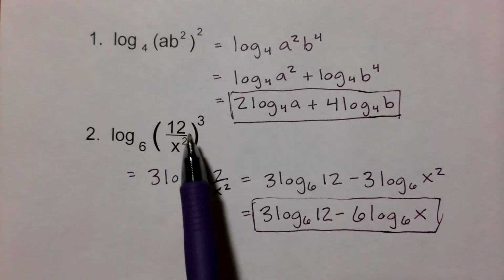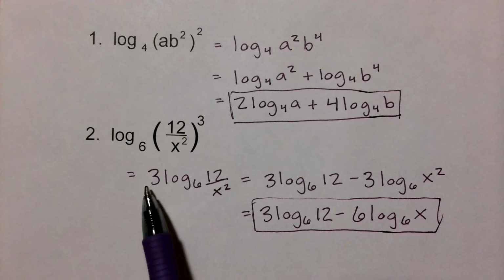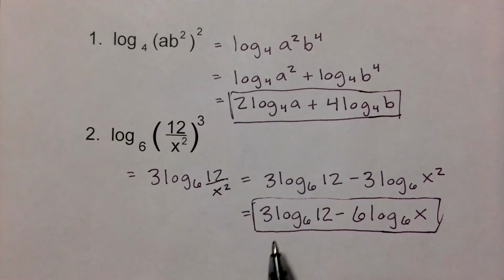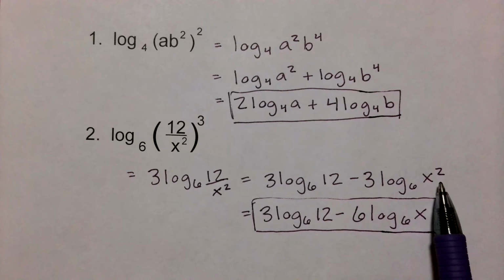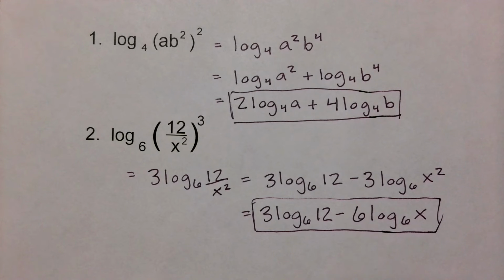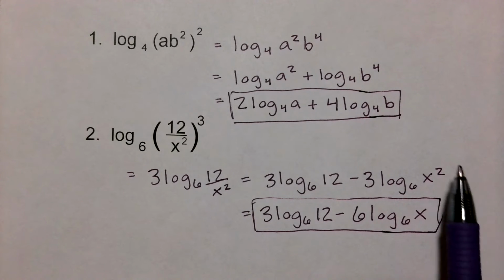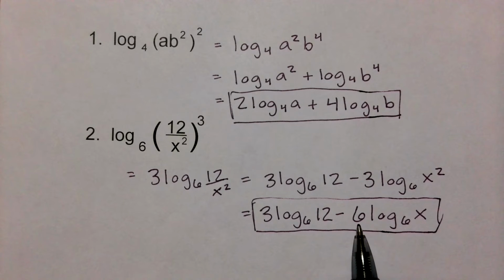For 2, I went for the other method, moving the 3 out front first, which is where we have to remember to attribute that 3 in front of the log base 6 of 12 and in front of the log base 6 of x squared, but it is subtraction in between because we expanded out of division. And then in the end, you may not have known what to do with the 6 if you went this direction with it.